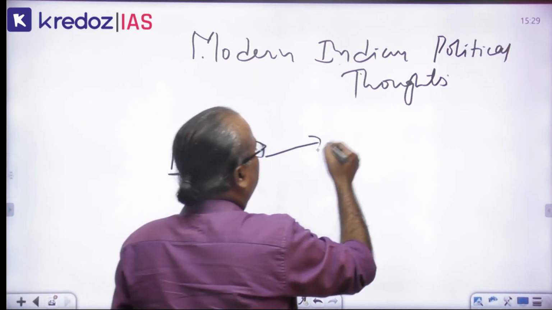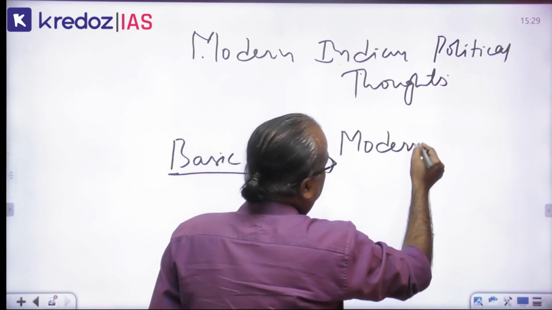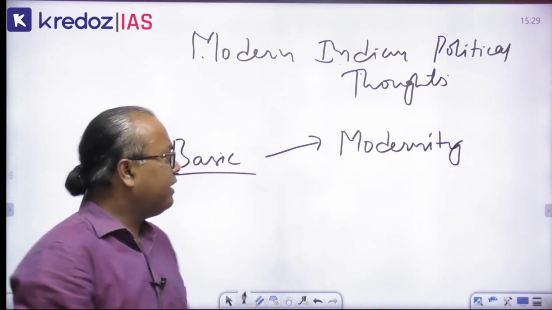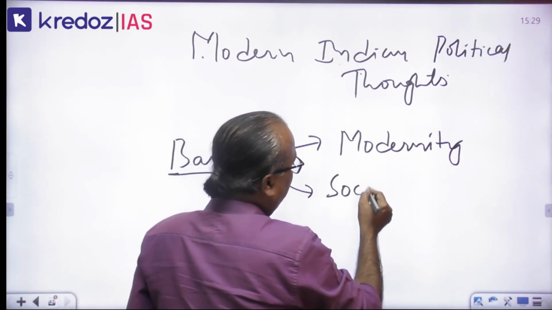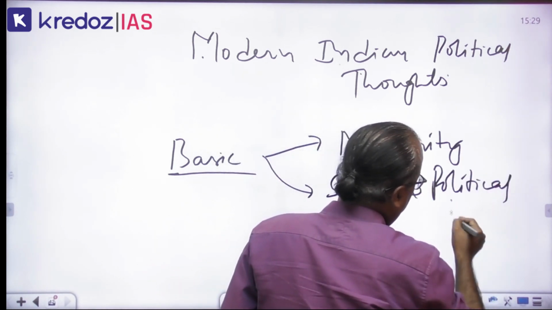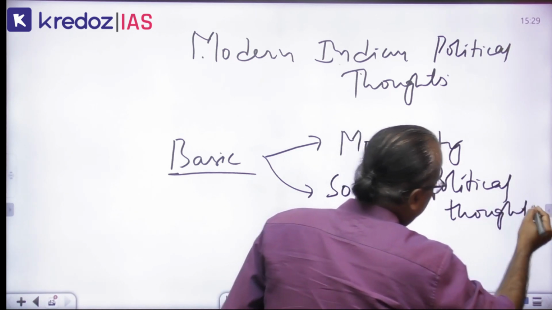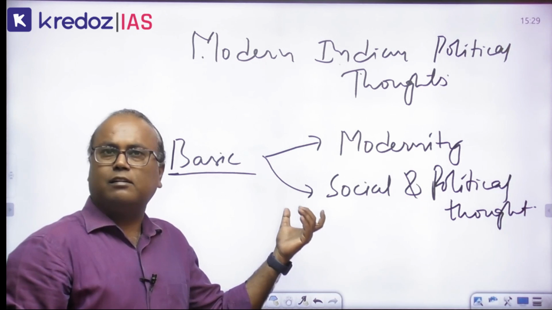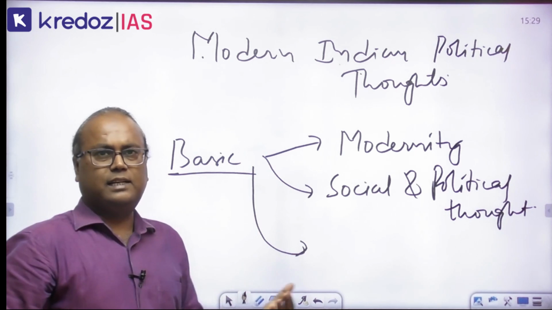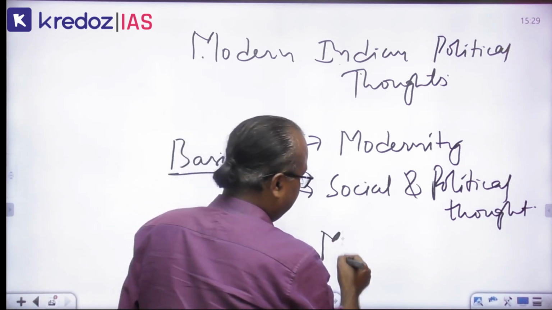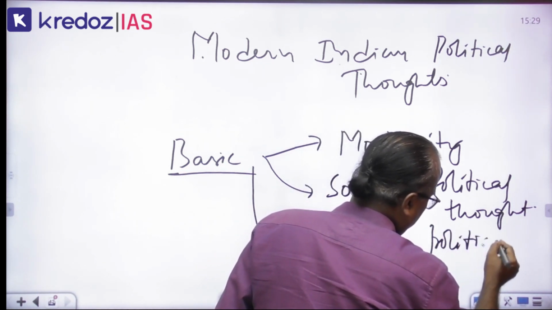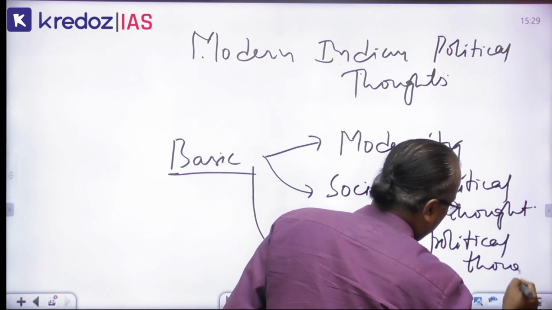What is social and political thought? After understanding social and political thought, you have to understand the next thing: what is modern political thought?